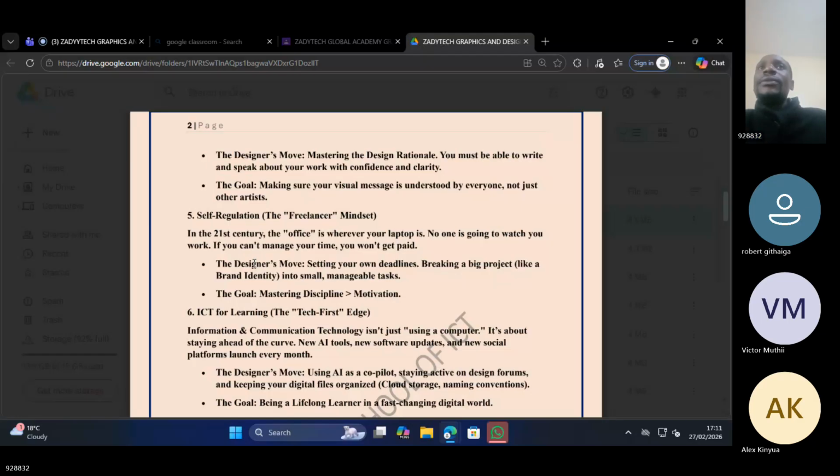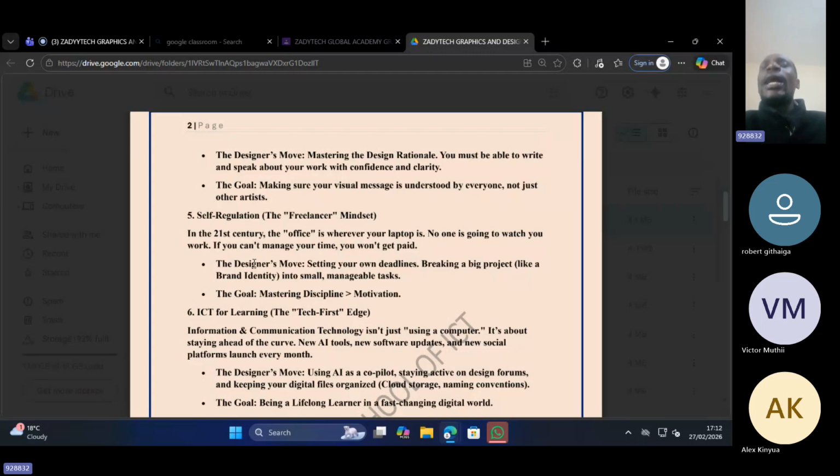Colors like white simply mean cool, like peace. Are your colors communicating? Tell us the reason behind taking those colors, the reason behind your design. The goal in your mind is making sure your visual message is understood by everyone, not just other artists.